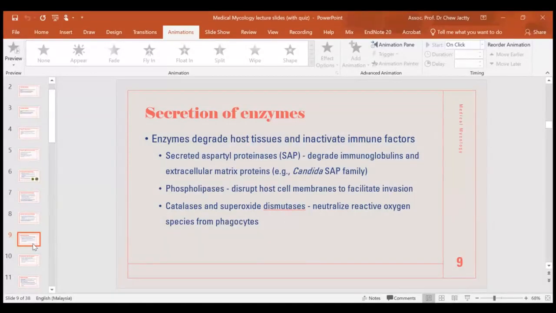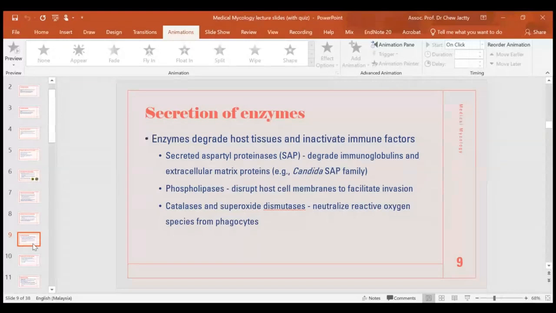And also phospholipases, like what we see in bacteria. This enzyme can disrupt the host cell membrane and help the fungi invade the host cells and tissue. And in terms of reactive oxygen species present in the phagocytes, if you recall phagocytosis, within the macrophages, for instance, they produce different enzymes that will try to digest the fungi.